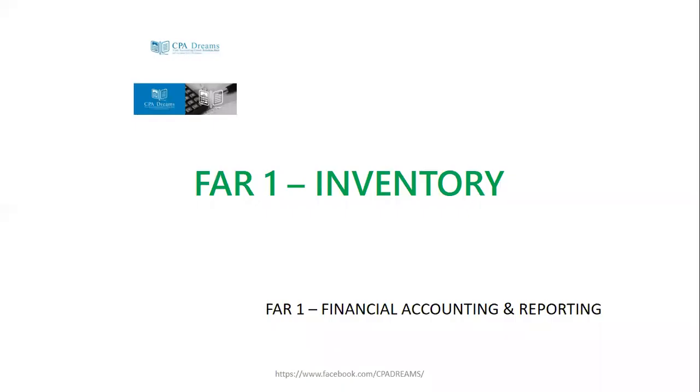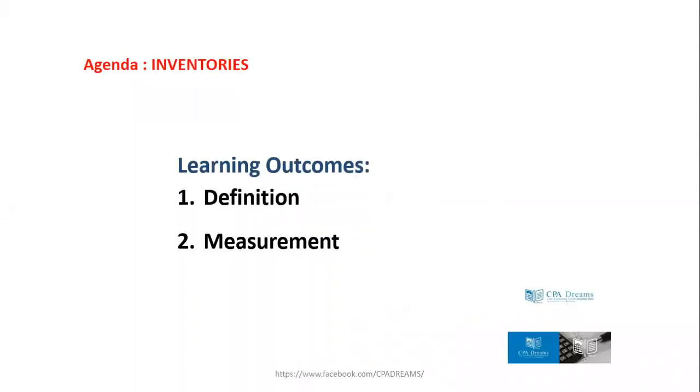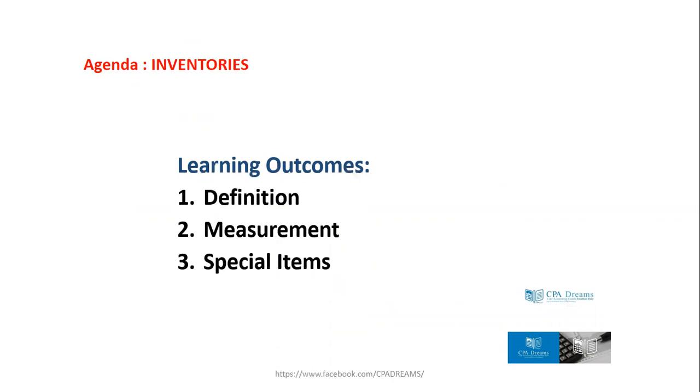I'm going to give the definition of inventory, how to measure it, what costs are included and not included, and I'll share the special items we need to study in inventories, including FOB shipping point and FOB destination.